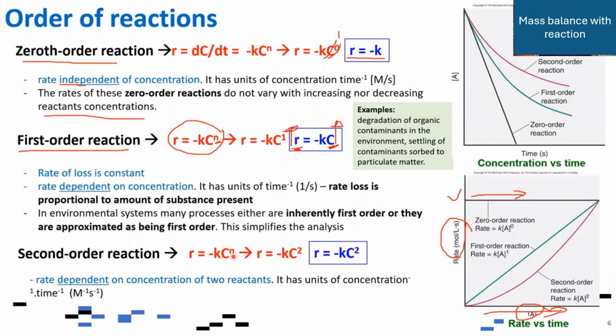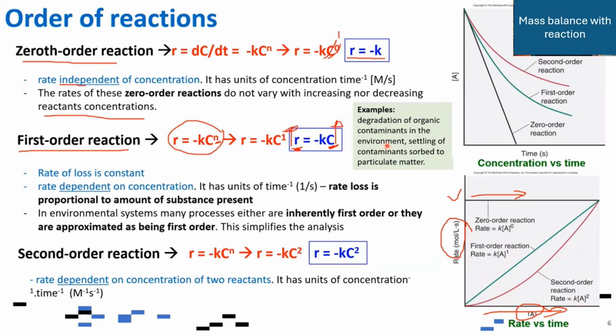So the rate is actually increasing with the increase of concentration. In this case, I'm talking about 2 reactants, but it could also be according to 1 reactant. But the higher the concentration, the rate of reaction also increases. You can see from this slide here, the higher the concentration, the rate of reaction also increases.